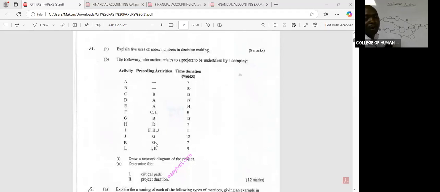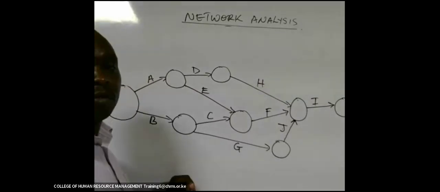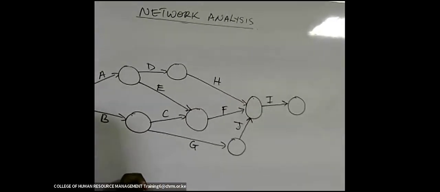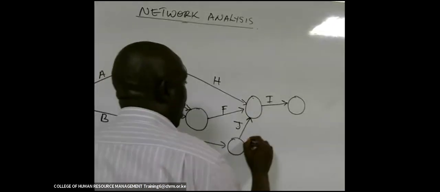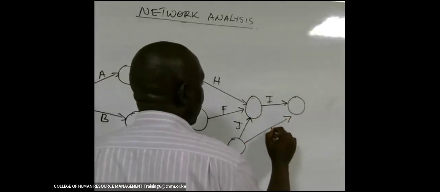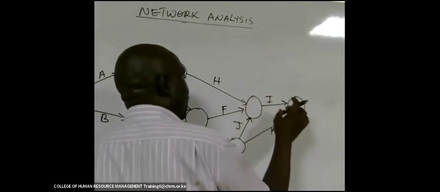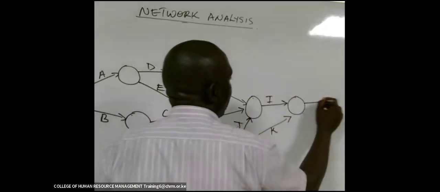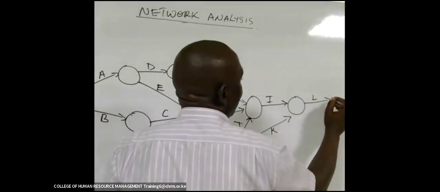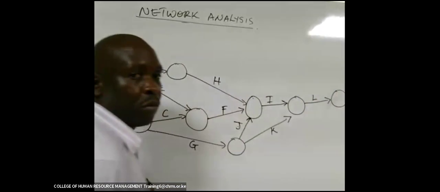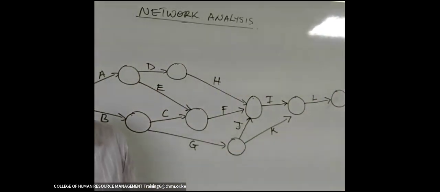So that now we can have I and K converging to produce the last activity L. That is our activity K. After activity K and I have been completed, we shall have our last activity L starting, and that will be the end of that network.